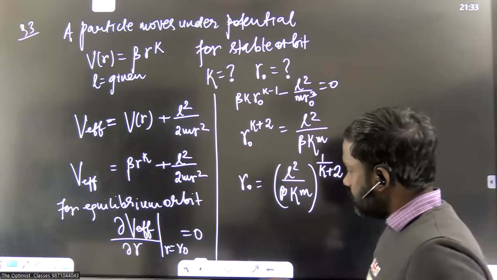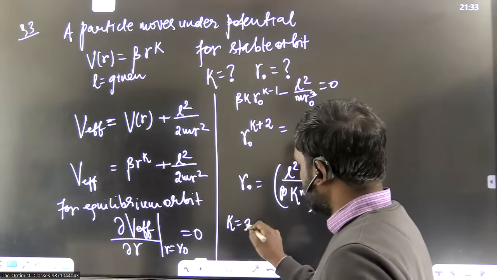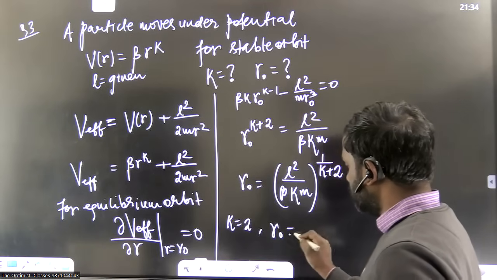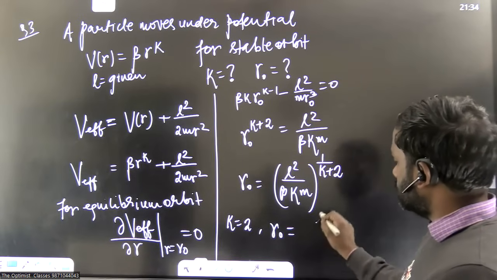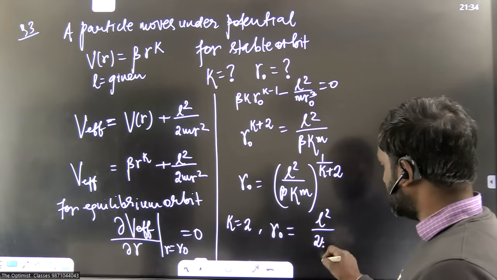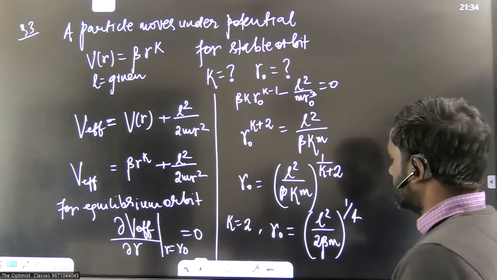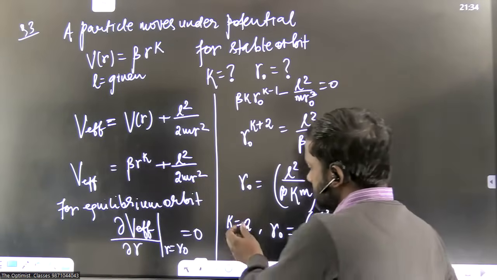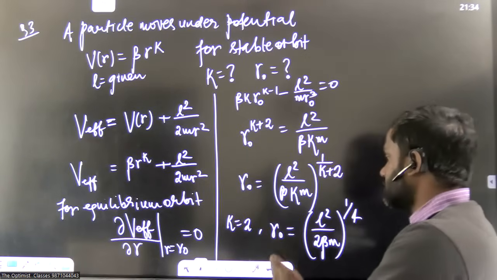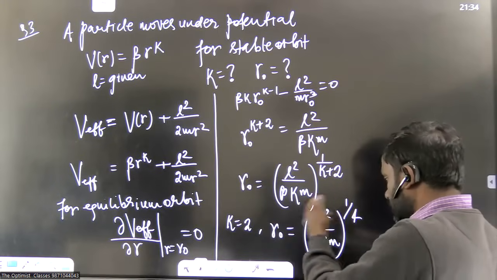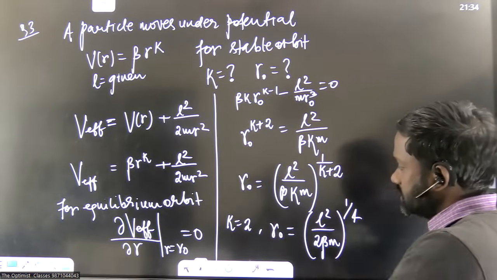Now see here, if you put k equal to 2, we get r naught equal to L square upon 2 beta m, whole power 1 by 4. In the options, k equal to 3 was also given. If you put k equal to 3, then you will not get a value of r naught which was given in the option.